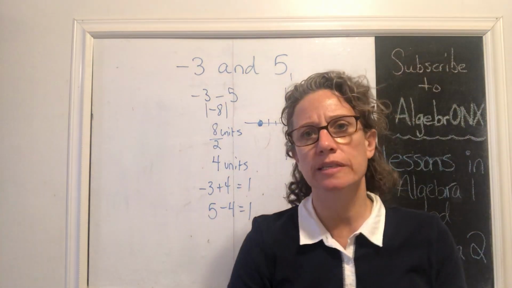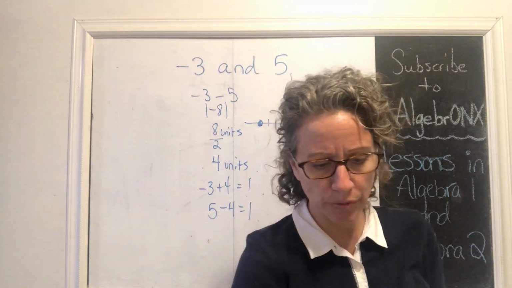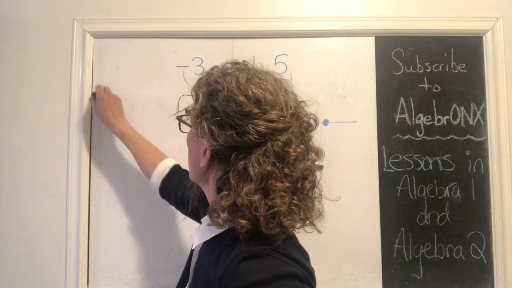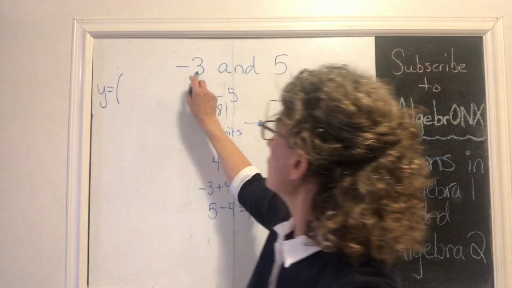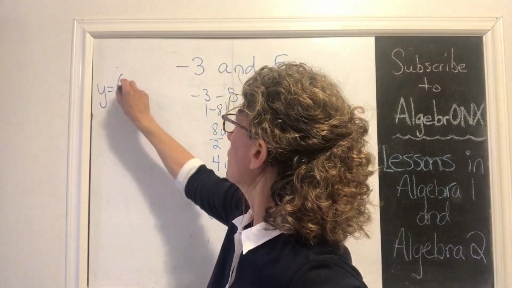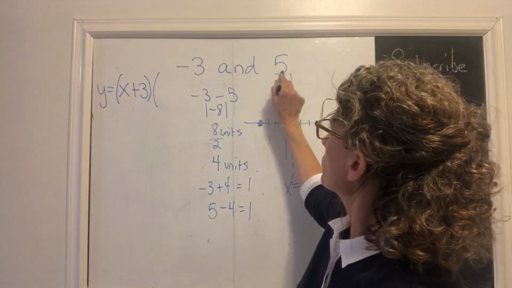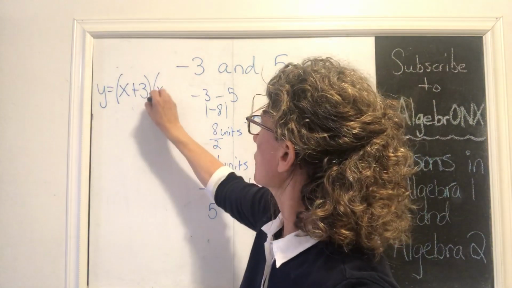Now let's turn these into factors and also do it by the equation, okay? So an equation of this could be this factor -3 is written as x plus 3, and the factor representing the 5 is x minus 5.